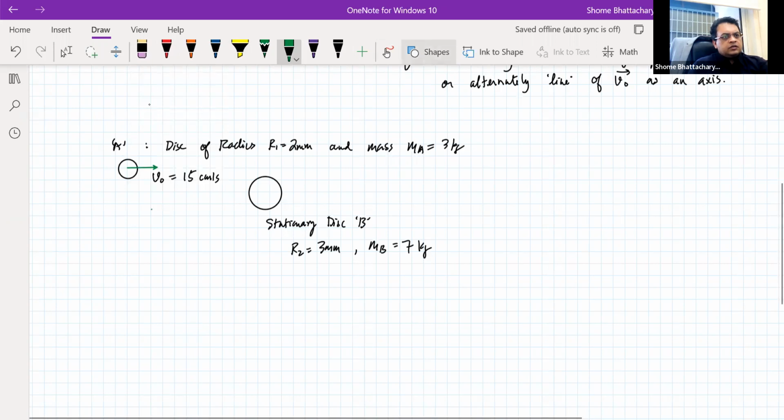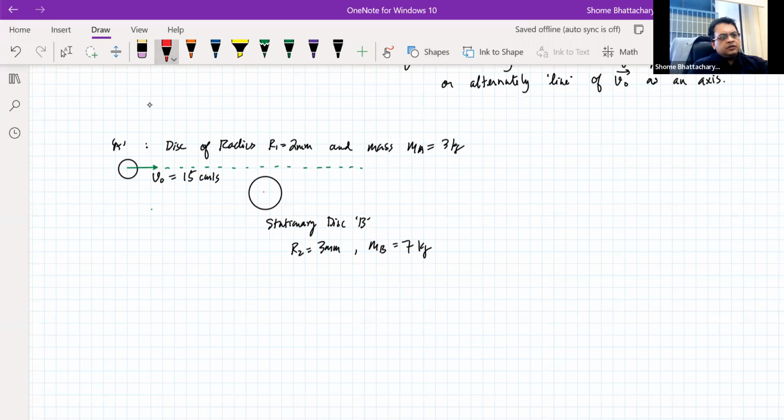So now if we draw what we call the line of action of this velocity vector, this, okay. And if we compare this line with respect to the center of disk B, then this is at a perpendicular distance of D. So this is called something called the impact parameter.